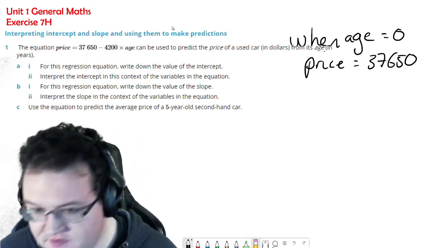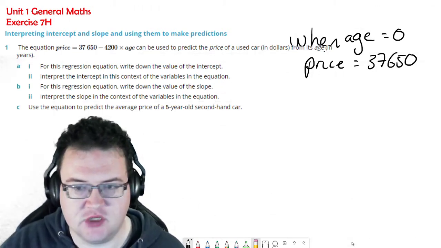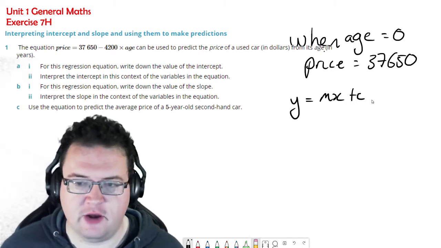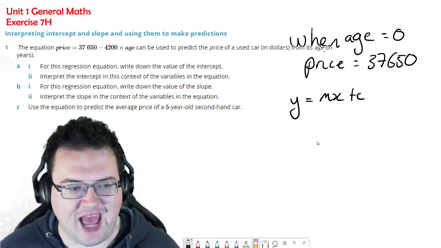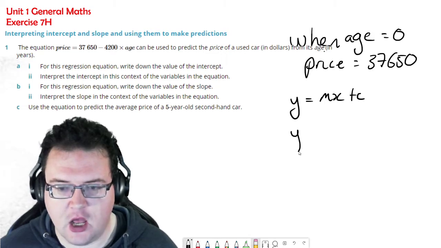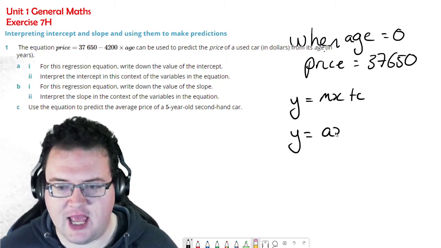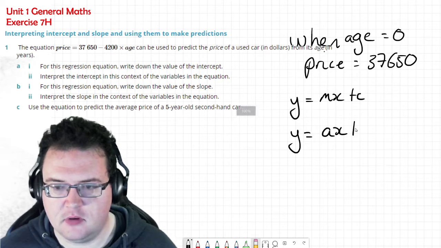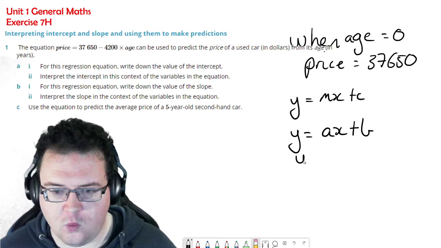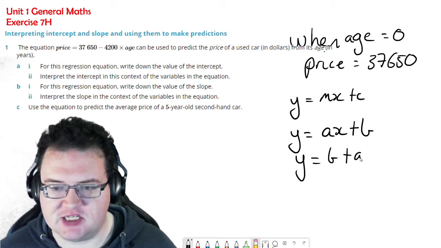Same as if you go back to thinking about it in terms of y equals mx plus c, our CAS, when we use these to create our equations, they come out as y equals ax plus b, or y equals b plus ax.